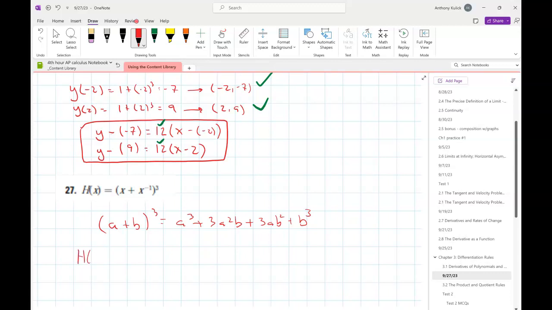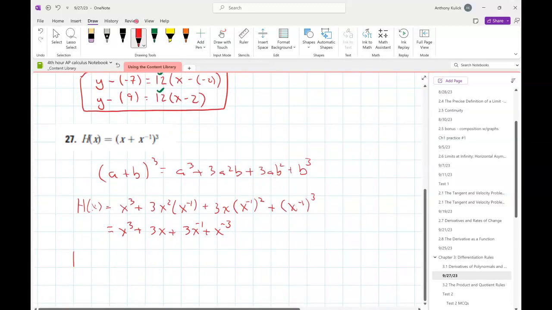If I do that, h of x is going to be x cubed plus 3 times x squared times x to the negative 1 plus 3 times x times x to the negative 1 squared plus x to the negative 1 cubed. And I guess we'd probably simplify this down to that.